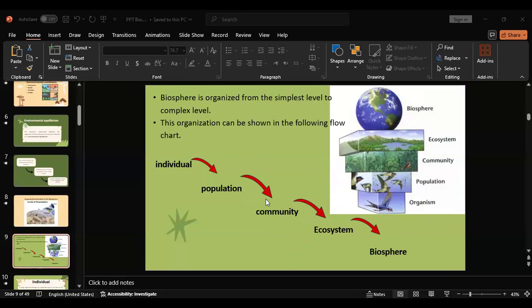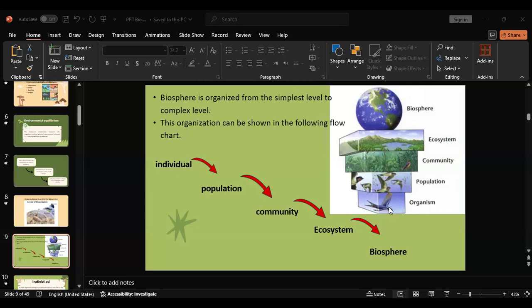We will see later how that works. Also you can see the following chart. Here the individuals, after that the population. You should know the order: individual, population, community, ecosystem, and the biosphere. You may see it in the picture also. This one is the organism, or individual, whatever you like to say.